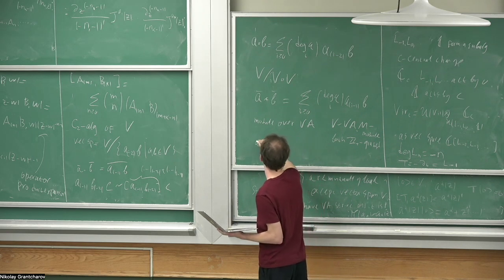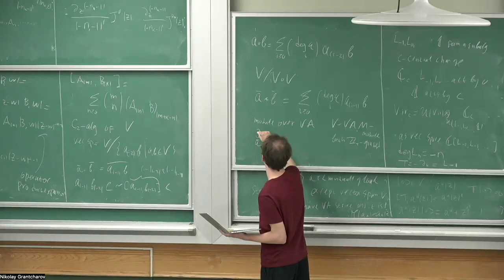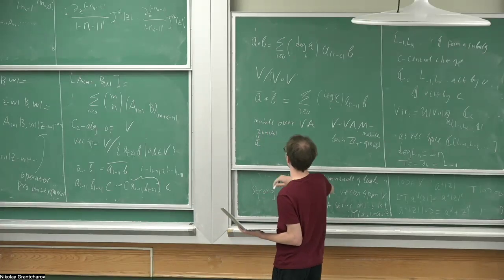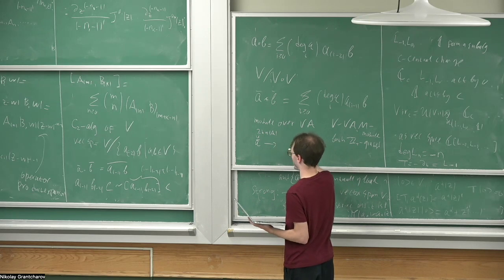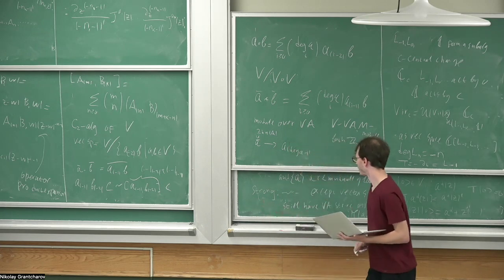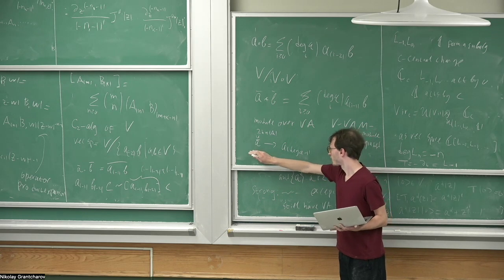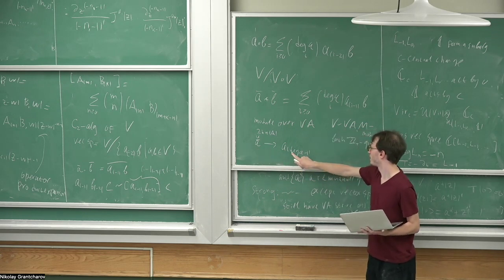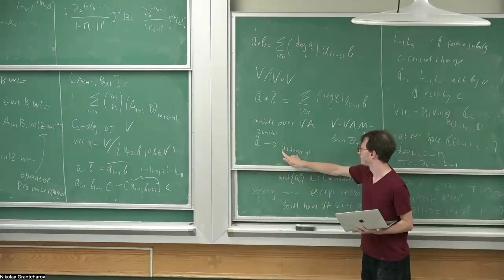Now I can take a representative, an element of this Zhu algebra of A, and send it to the action of the top degree component of A. I take a homogeneous element, I take this field.